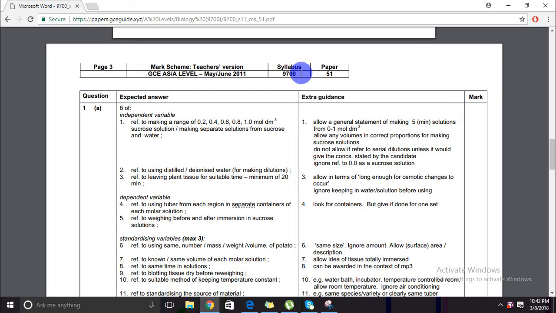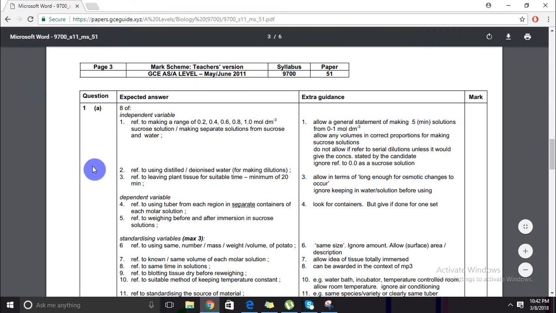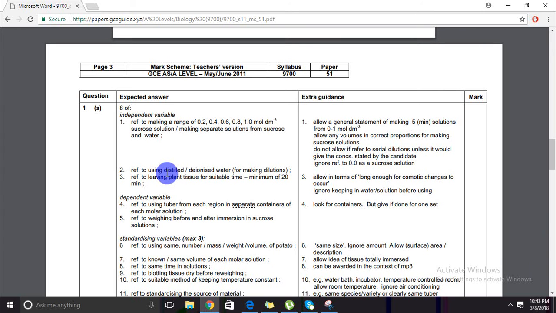Solutions from 0 to 1. Allow any volumes in correct proportions for making the sucrose solutions. Do not allow reference to serial dilution unless it would give the correct concentrations stated by the candidate, and ignore reference to 0 as sucrose solution because it is just plain old water. So reference to using distilled deionized water, I believe I did mention that, and reference to leaving the plant tissue for a suitable amount of time.